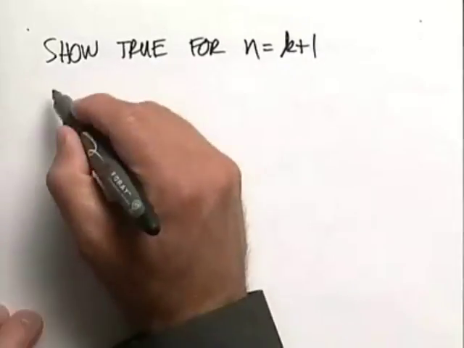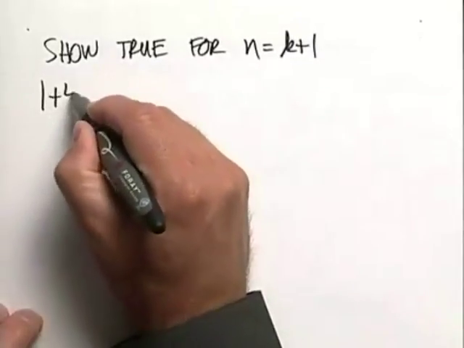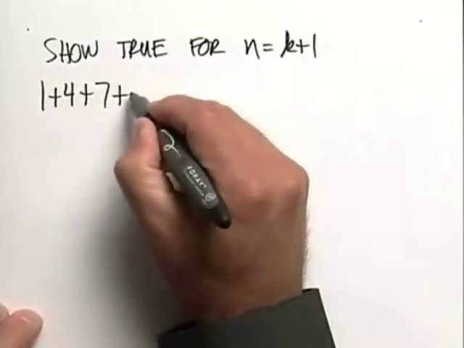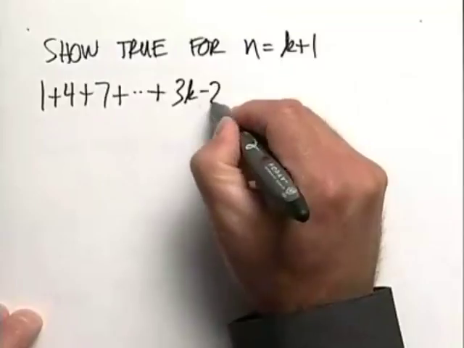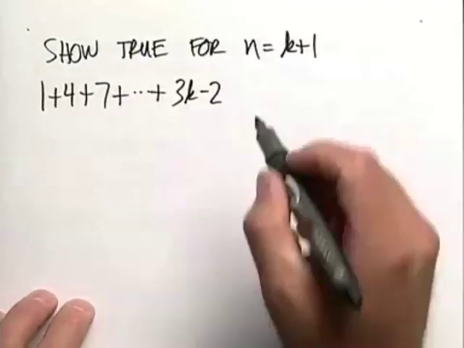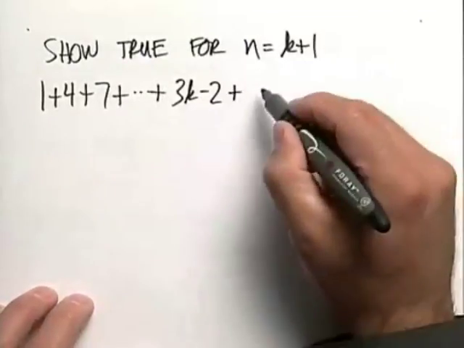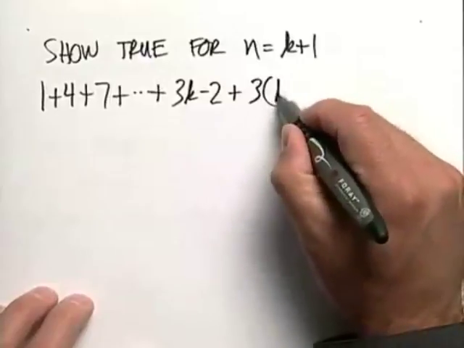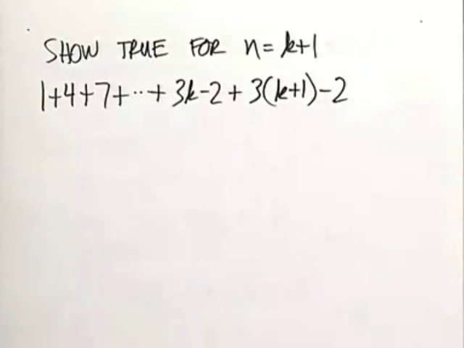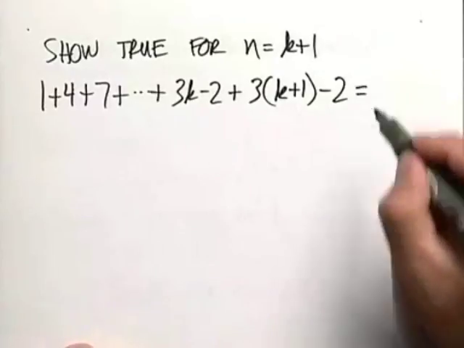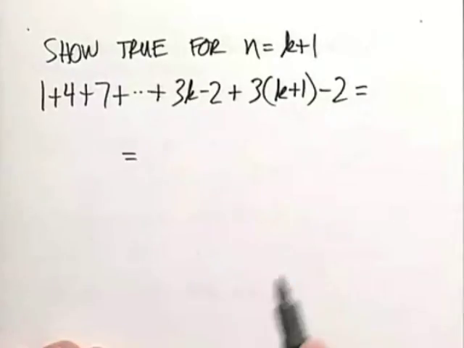Here's what our formula is going to look like. 1 plus 4 plus 7 plus ... plus 3k minus 2. That's what we assume to be true. And now we have to show that this is going to be true for k plus 1. So 3 times k plus 1 minus 2. Okay? So this is the left-hand side. That is then going to be equal to the right-hand side.